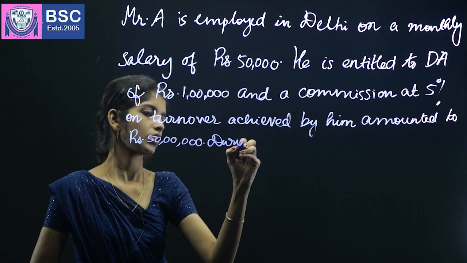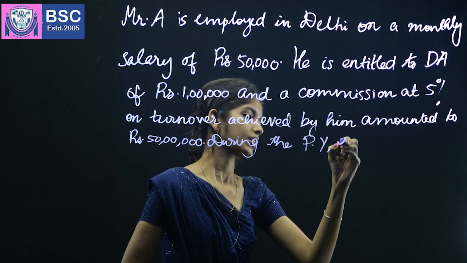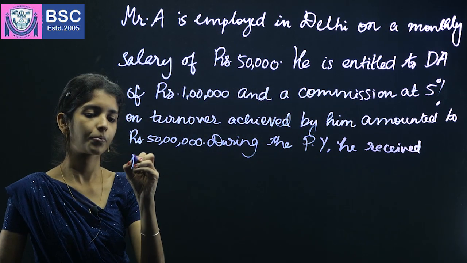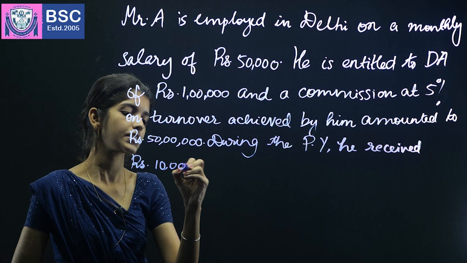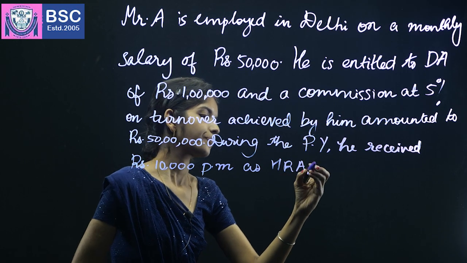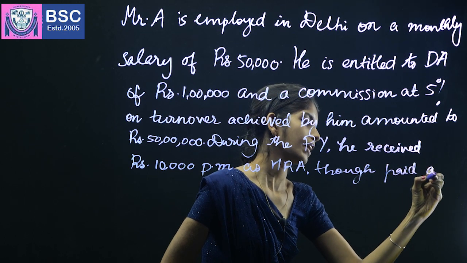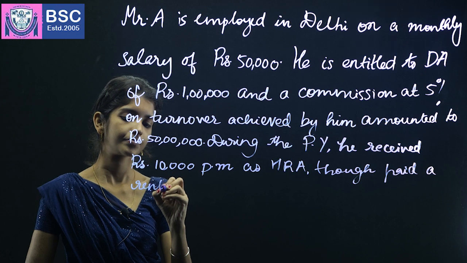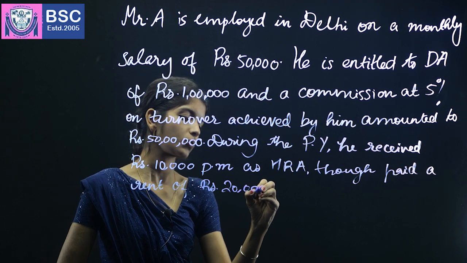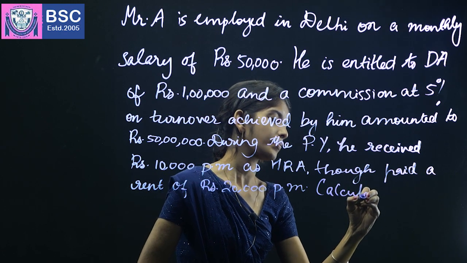During the previous year, he received rupees 10,000 per month as HRA, though paid a rent of rupees 20,000 per month. Calculate taxable HRA.